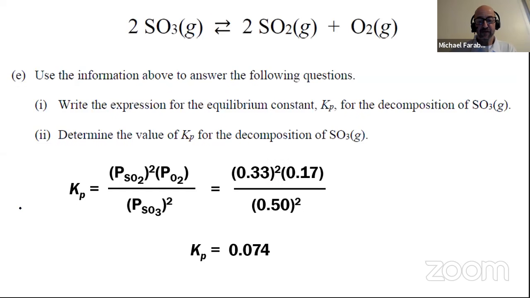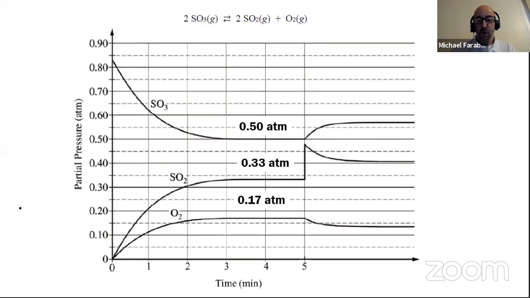Let's go back to the graph. When equilibrium was reestablished, you could have said, well, now the pressure is somewhere between 0.5 and 0.6. So around 0.55 and 0.6, so around 0.57. This looks like it's just above 0.4, so around 0.41. And this pressure is just below 0.15.